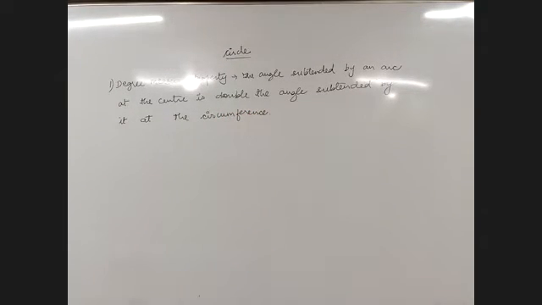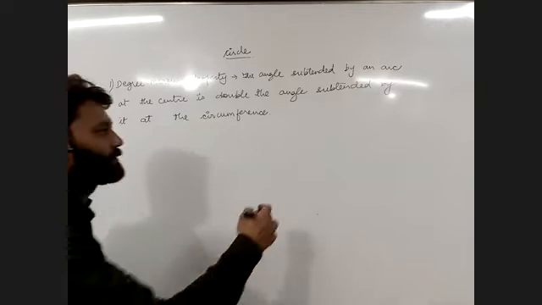The angle subtended by an arc at the center is double the angle subtended by it at the circumference.